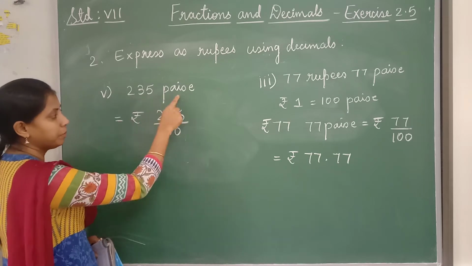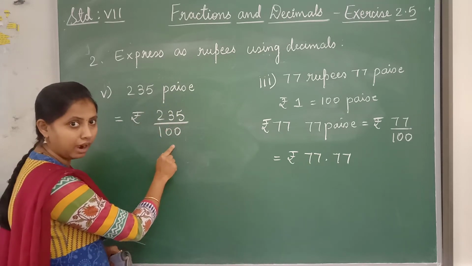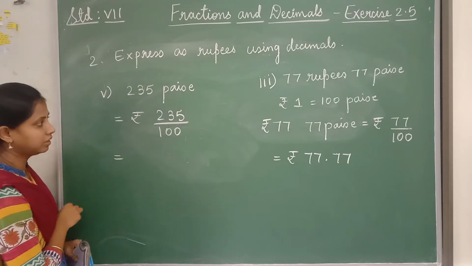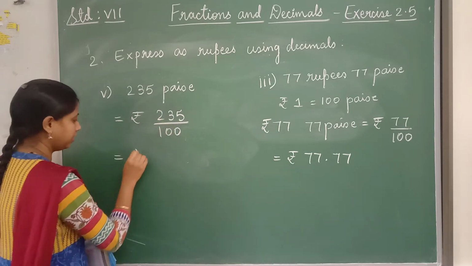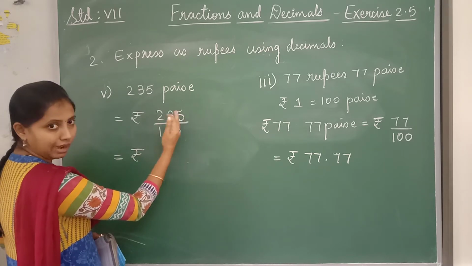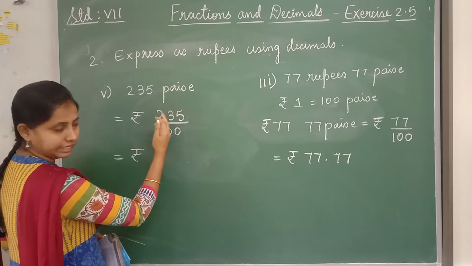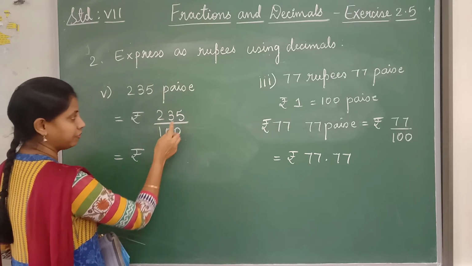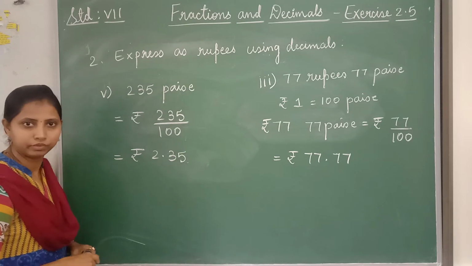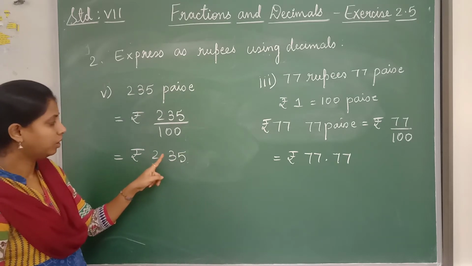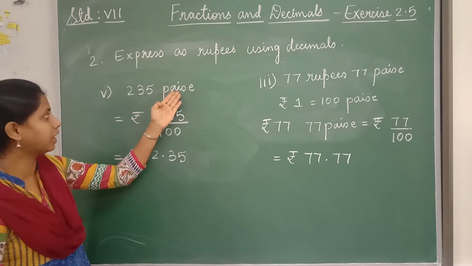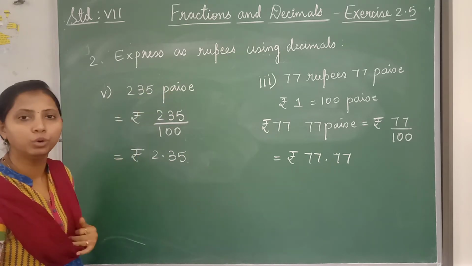Whenever you want to convert paise to rupees, you have to divide by 100 because 1 rupee is equal to 100 paise. Now 235 by 100: 2 zeros are there, so starting from the units place, you have to put the decimal point after 2 digits. So it will be 2.35. Yes, so rupees 2.35. This is the way you have converted 235 paise into rupees.